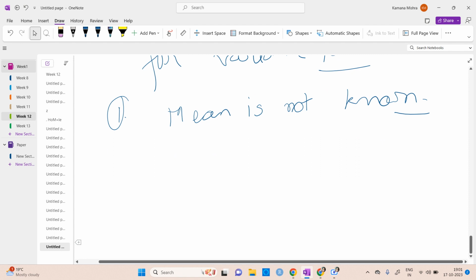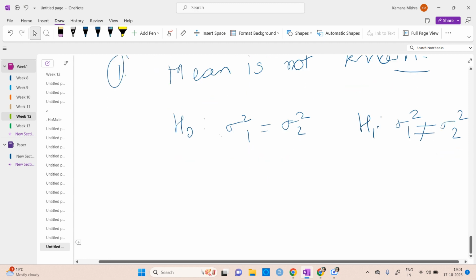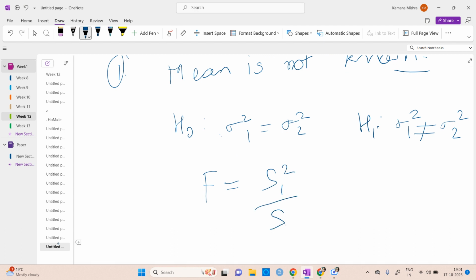You have H naught as sigma 1 square equal to sigma 2 square, where 1 is for the first sample and 2 for the second sample, and H1 as sigma 1 square not equal to sigma 2 square. To check this hypothesis, we use F equal to s1 square by s2 square, and it follows F with m minus 1, n minus 1.